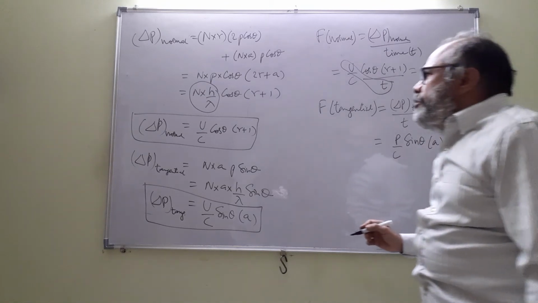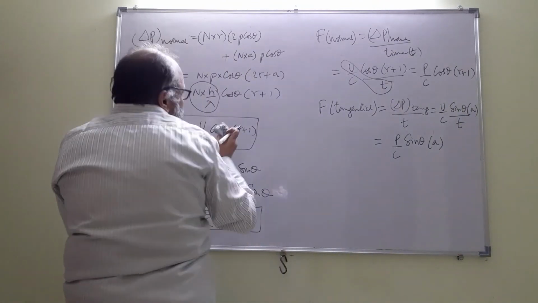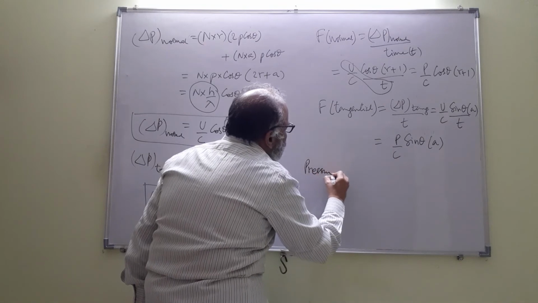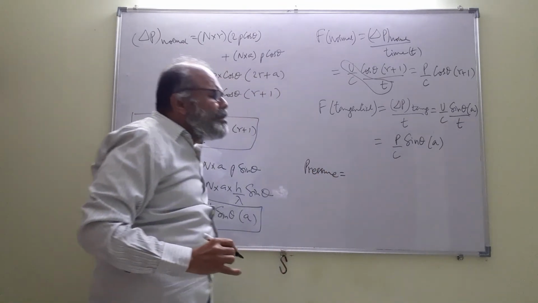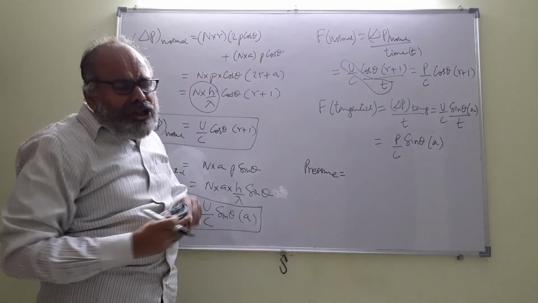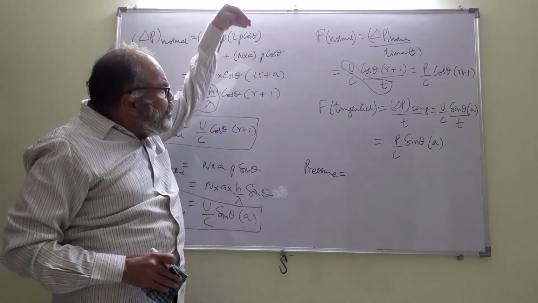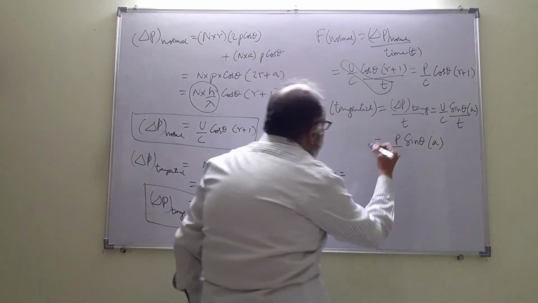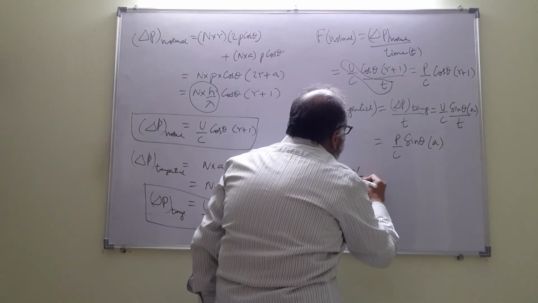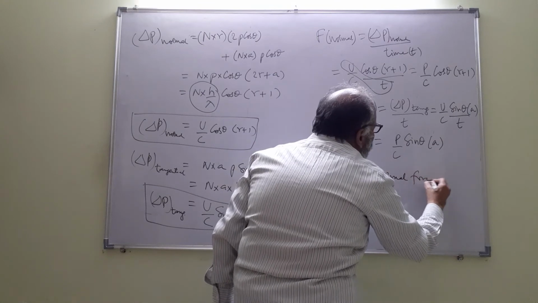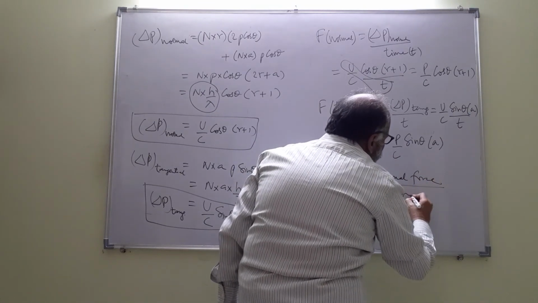What about the pressure now? We would like to see what the pressure is. Pressure, we must know, is due to the normal force. Tangential forces do not exert any pressure on the surface. It is only the normal force that exerts a pressure. So the pressure P dash is the normal force by the area.